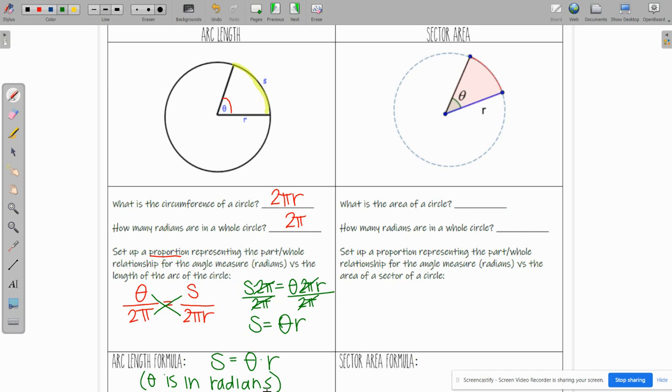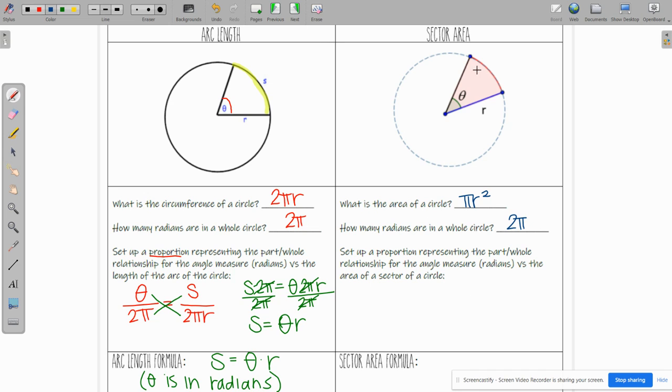Let's talk about sector area. So again, we have this sector here, which is represented by the central angle theta, and our circle has a radius of r. So what is the area of a circle? We know that this is pi r squared. And how many radians are in a whole circle? That would be 2 pi again.